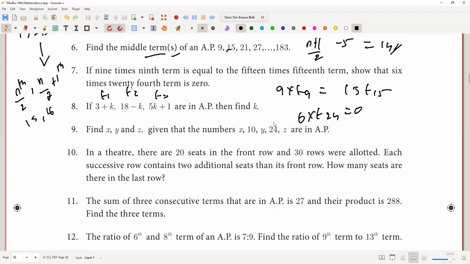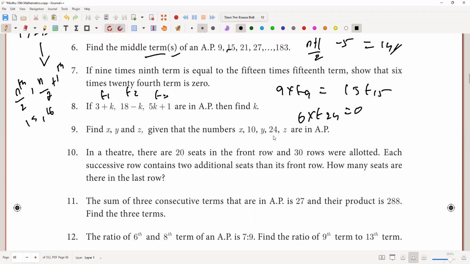If there is a big difference, then you can easily find D, the common difference. T3 minus T2 will give D, so if there is one term in between, it will be giving 2D. So 24 minus 10 equal to 2D.